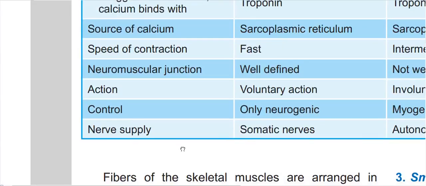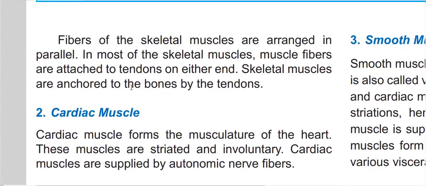Fibers of the skeletal muscle are arranged in parallel. In most skeletal muscles, fibers are attached to tendons on either side. Tendons are proteinaceous fibers which help the muscle attach to the bones. Muscles are anchored to bone by the tendons.